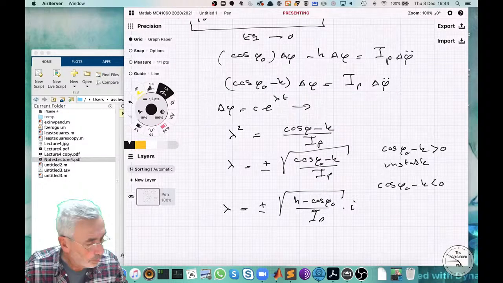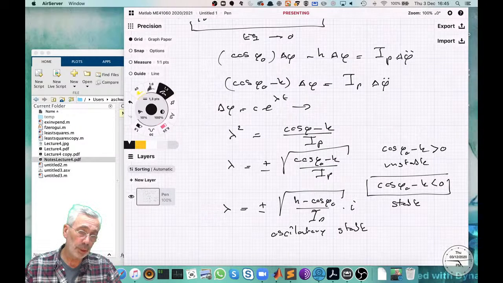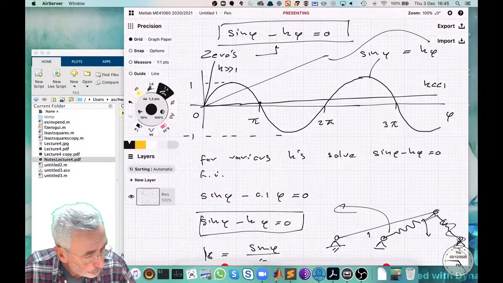So you can investigate all these solutions. You plug in your k, you plug in your phi 0, and then you see whether it is a stable or an unstable solution. Or in other words, if we go back, and that's again a nonlinear problem, you can take, for instance, this point as my phi 0, and now I can calculate whether it is stable or unstable.